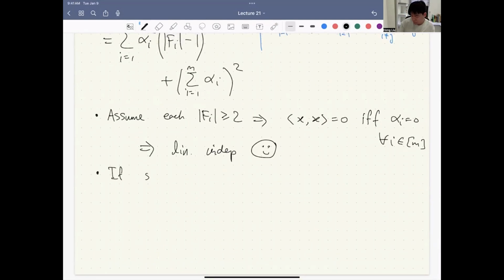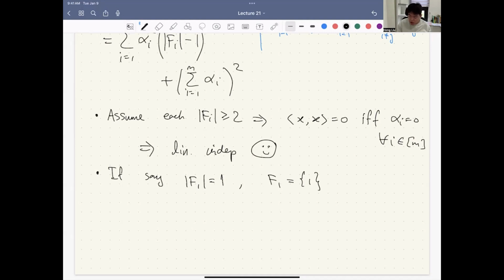If, say, f_1 is 1, then we can analyze it precisely. If f_1 is 1, how possibly can it look? Let's say, without loss of generality, f_1 is the first element. Singleton. What do we know? Every pair of sets intersect at exactly 1 point.